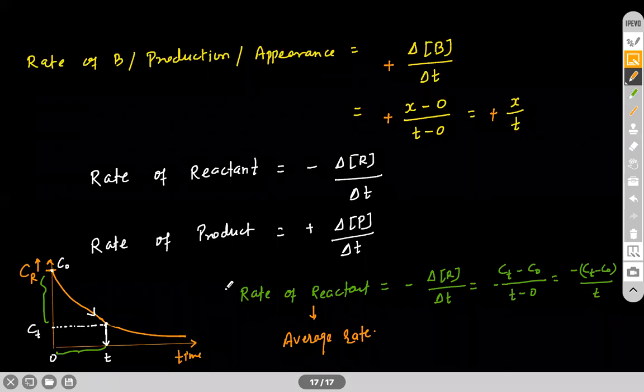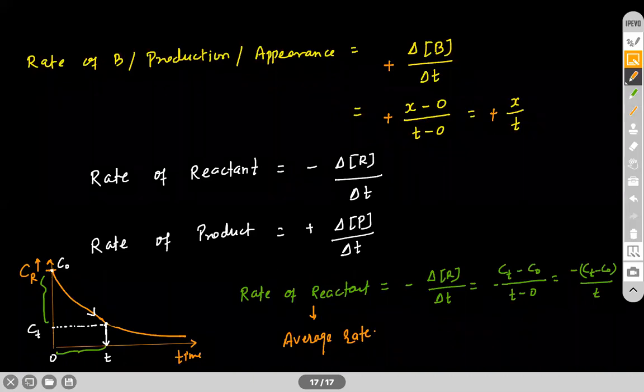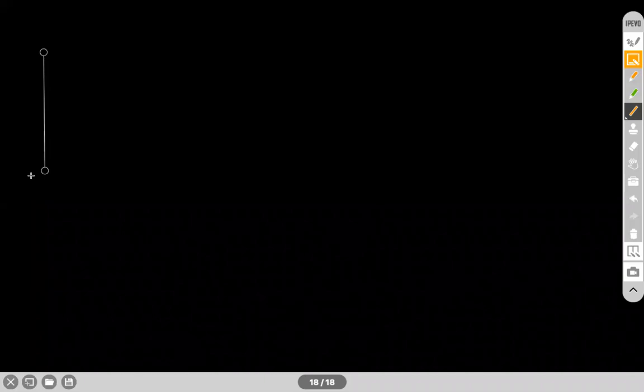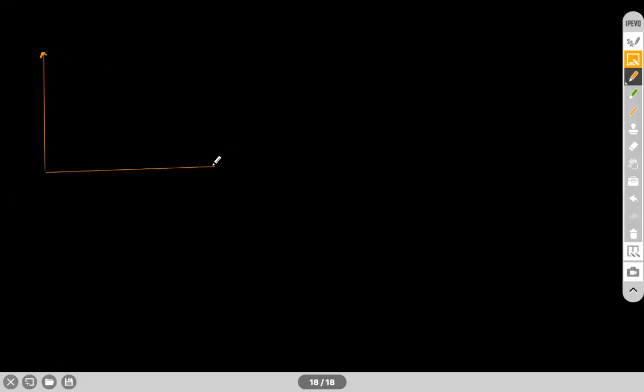Now you see this, if this delta t becomes 0, can I go to the next page? All of you have written this? Okay. Now I'll draw this graph again. Quickly, let me just draw this graph. Go this way, right?